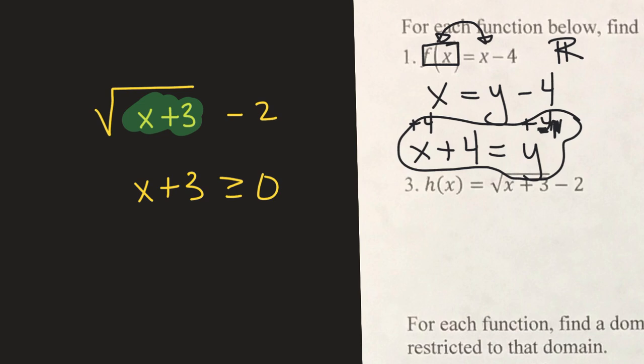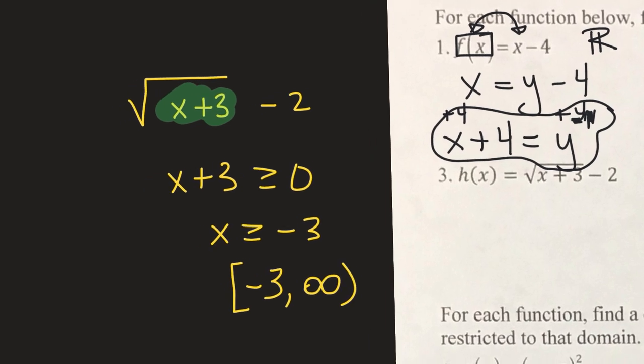It doesn't use the -2, right? That's not important for the domain. The domain is only underneath your square root. So we can only use values greater than or equal to -3. So as an interval, that would be from -3 to infinity. Okay? Because greater than or equal to has a bracket. So you're going to put a bracket on there.